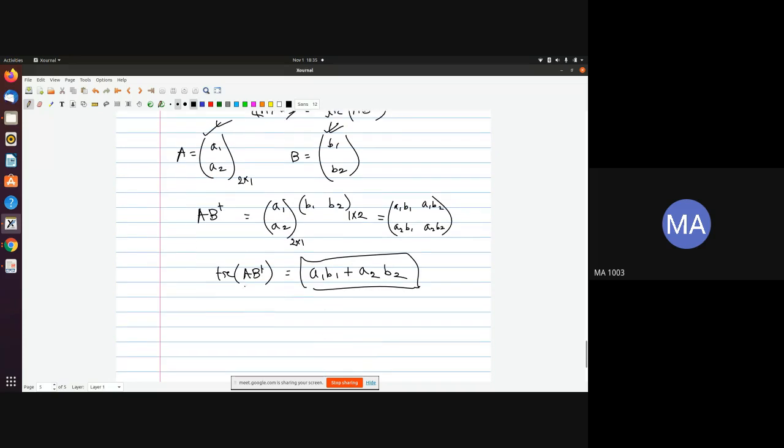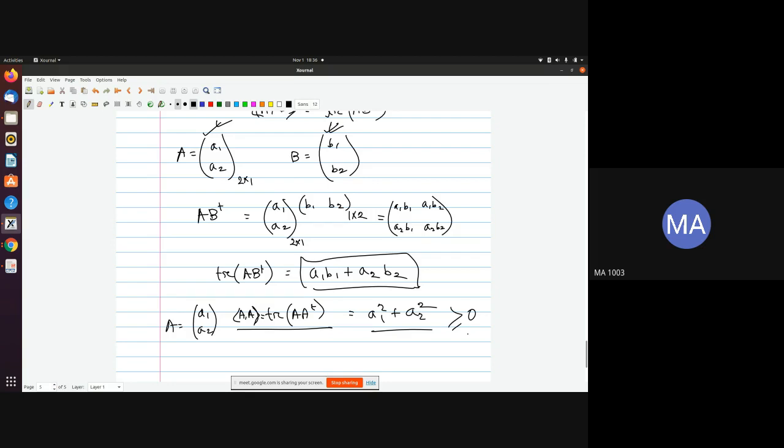If you want me to check, suppose the first one, A is A1, A2. So what about the trace of A A transpose? This is what we will need: A1 square plus A2 square. This is always positive, and it is 0 only when A is 0, that is, both A1 and A2 are 0.